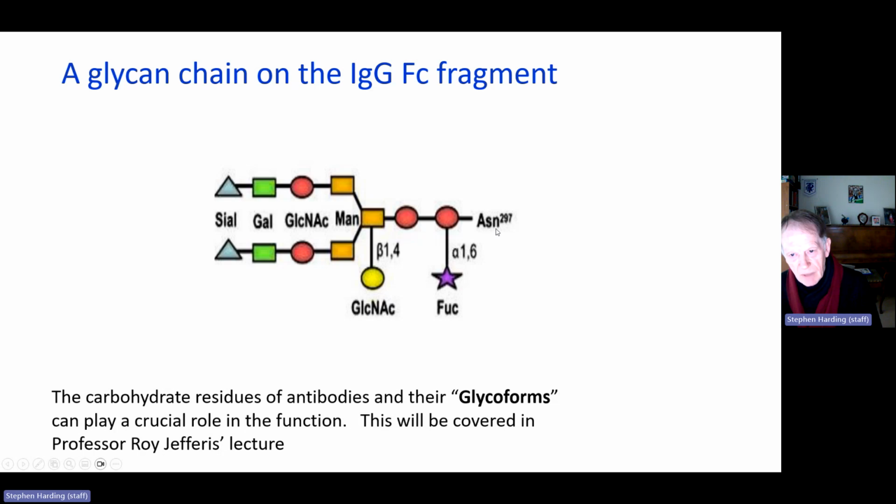That's an asparagine residue, which has a nitrogen on the side chain, so it's N-linked, asparagine residue 297 on the heavy chain.